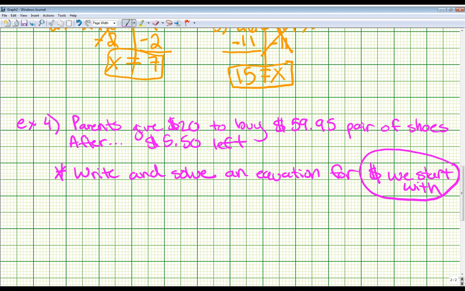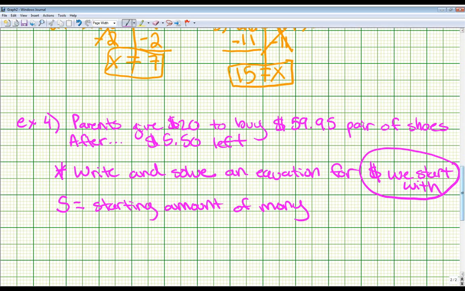So that is what's going to be our mystery variable. So if we want to come up with something to represent the money we start with, how about we use an S for the starting amount? So down here, let's define our variable. In our equation, S is going to stand for the starting amount of money. That's what we are trying to solve for.